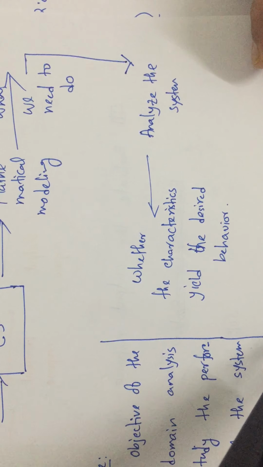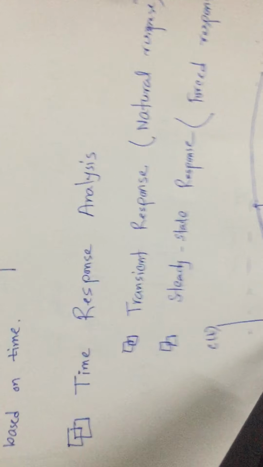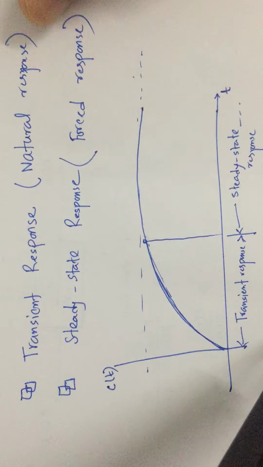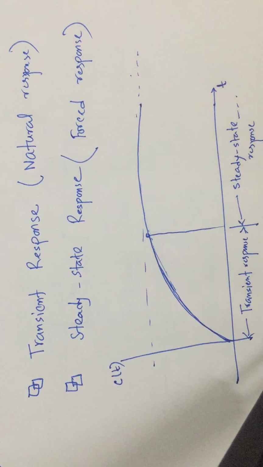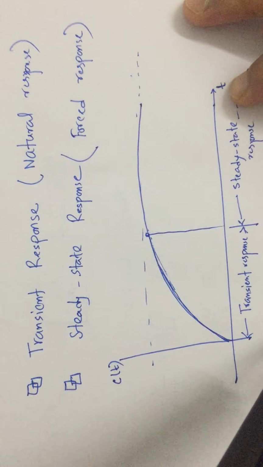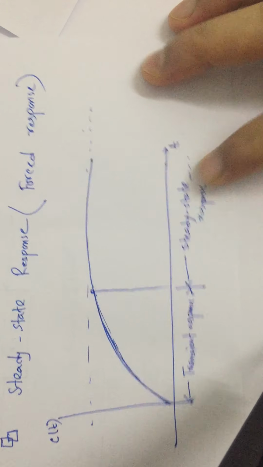In order to analyze a system in the time domain, we need to analyze two terms, which we call the transient response and the steady state response.